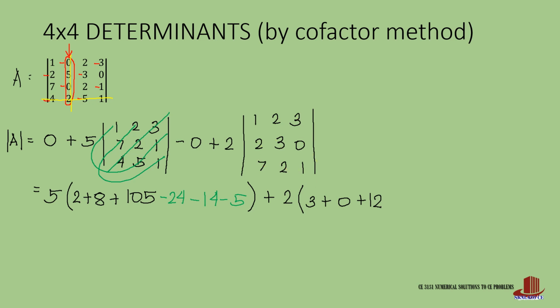And again, work with our negatives. 7 times 3 times 3 is 63. Minus 1 times 2 times 0 would be 0. And 2 times 2 times 1 would be 4.